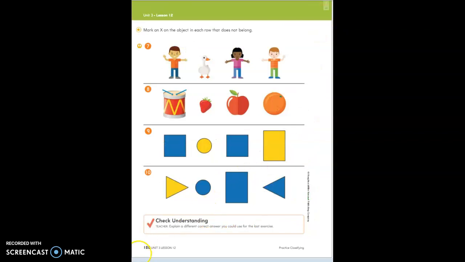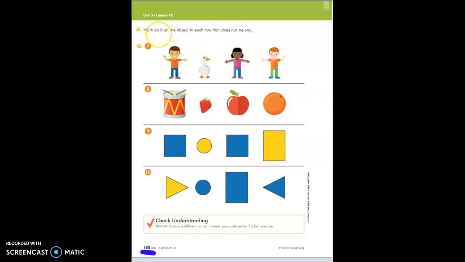All right, we are on page 188 now. You turn the page. It says mark an X on the object in each row that does not belong. This one we're not going to do all together watching this video, but I'm going to start the first one and you are going to finish the whole page on your own.